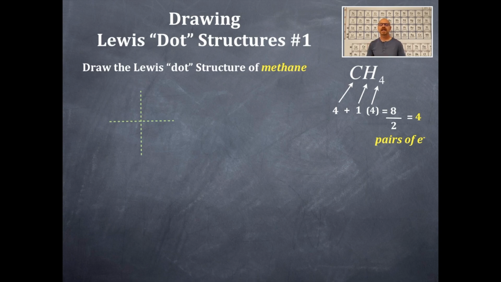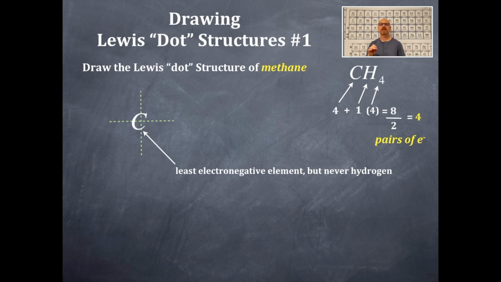Now, the least electronegative element is the one that's furthest from fluorine on the periodic table, and then there's a little caveat, an additional rule, and that means that it's never hydrogen. So, I've got carbon, I've got hydrogen, and it can't be hydrogen, so it must be carbon. So carbon is the least electronegative element, but never hydrogen, therefore it goes in the middle. It's right in the middle of the plus sign. Hopefully you see the green plus sign there.